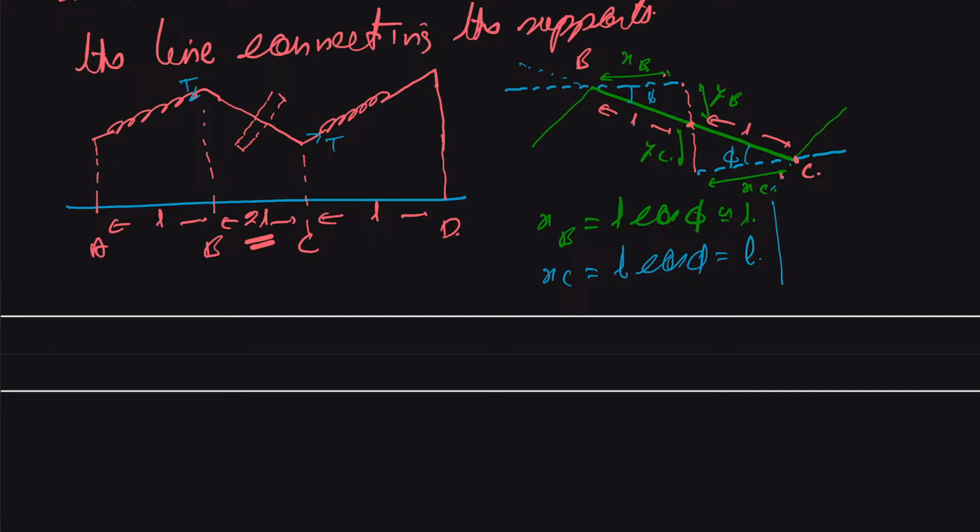Then we can find out our y of B. So we get y of B will be equal to L sine of phi.